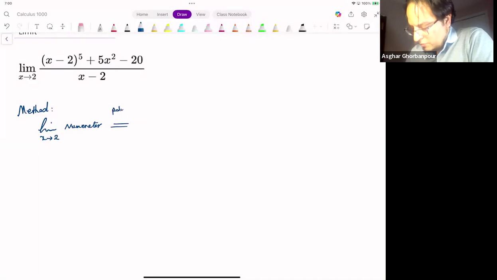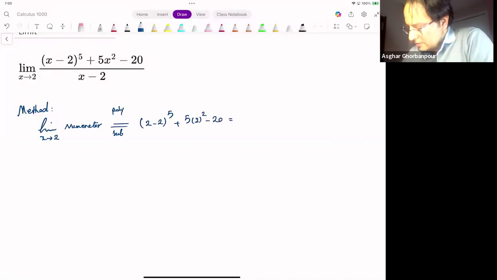So the polynomial substitution theorem says that you plug in 2 there, and that is 0 to the power 5 plus 20 minus 20, which is 0.